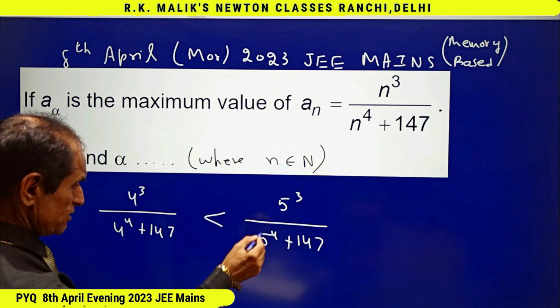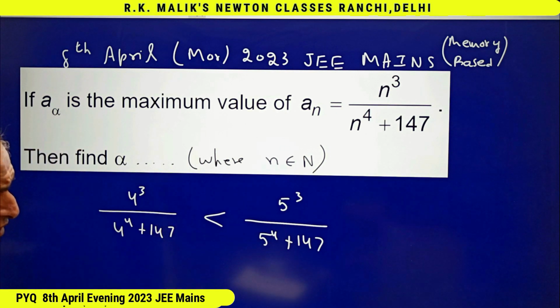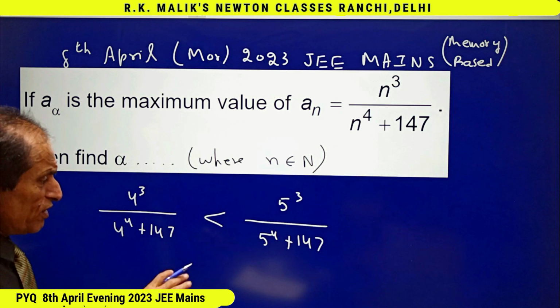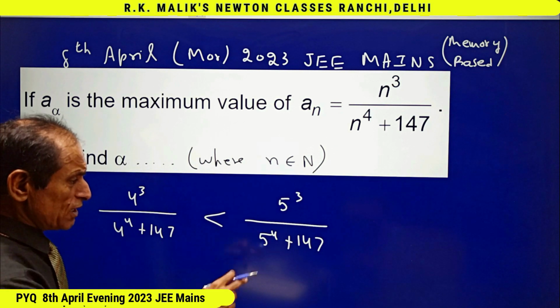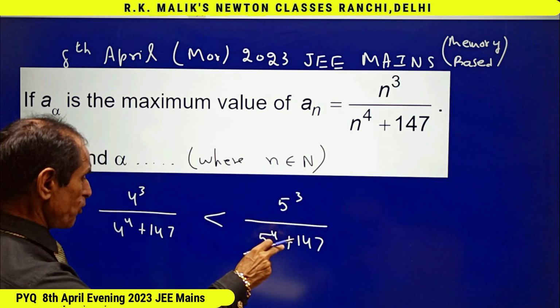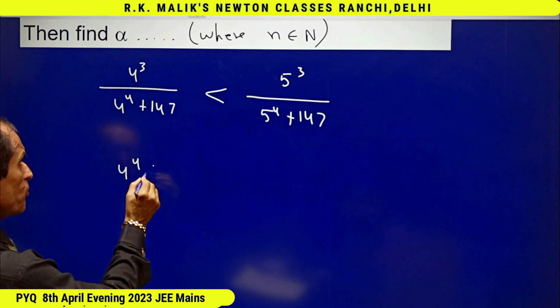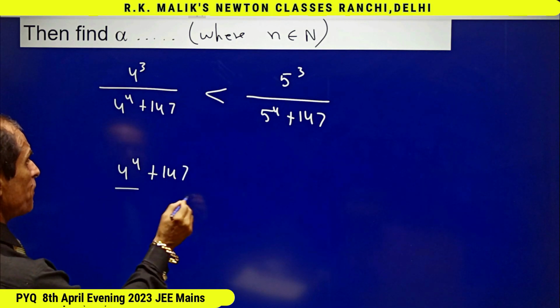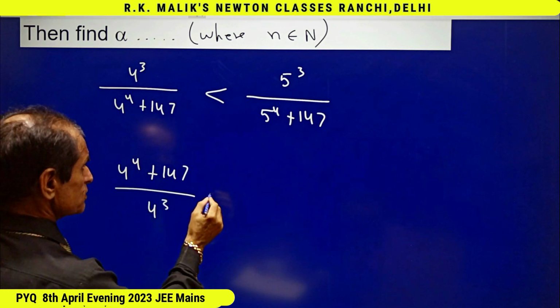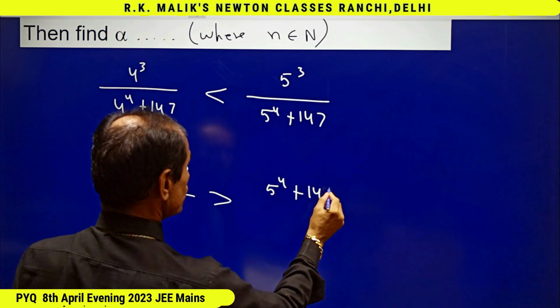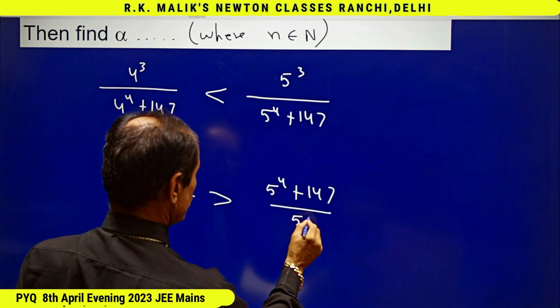I suppose this is less than this. If I reach at correct conclusion, it means this is more than this. If I reach at a wrong conclusion, it will mean that this is smaller. I take inverse. 4 to power 4 plus 147 upon 4 cube is greater than 5 to power 4 plus 147 upon 5 cube.